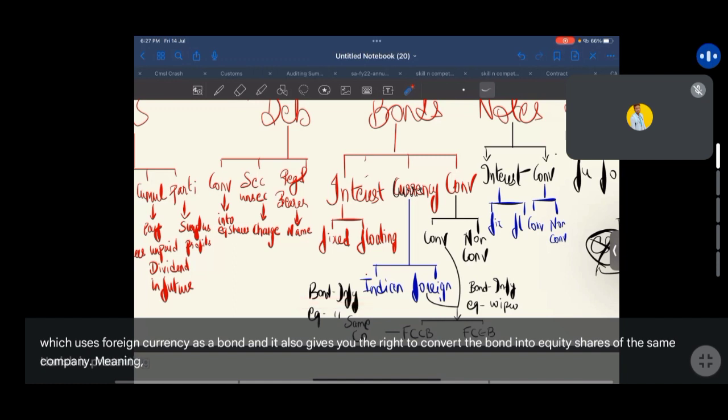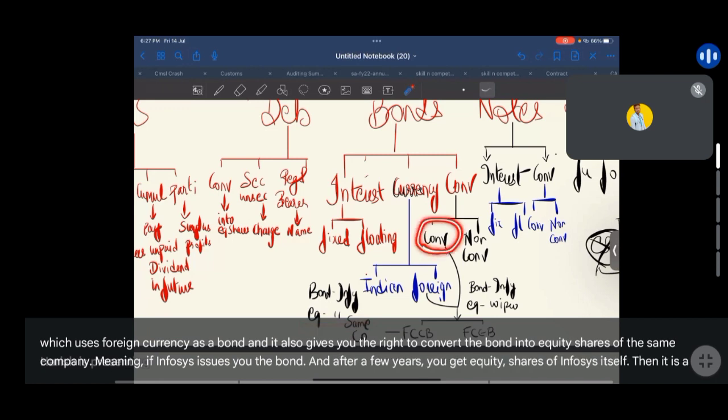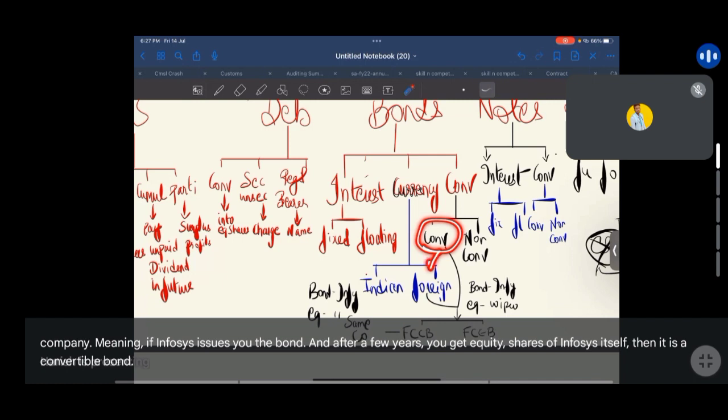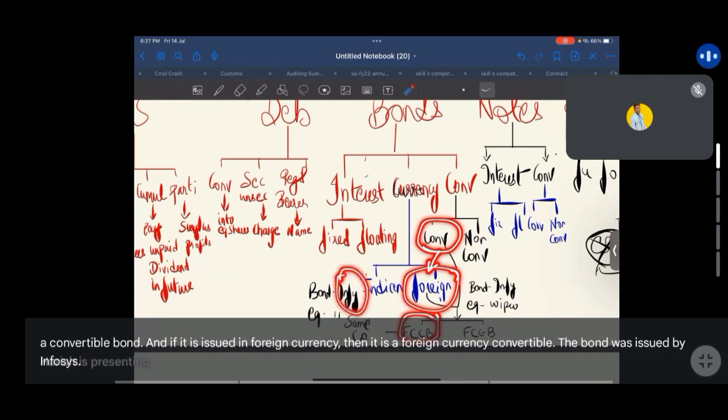Meaning, if Infosys issues you the bond, and after a few years you get equity shares of Infosys itself, then it is a convertible bond. And if it is issued in foreign currency, then it is a foreign currency convertible bond. The bond was issued by Infosys, and you get equity shares of Infosys itself. Hence, it is a foreign currency convertible bond.